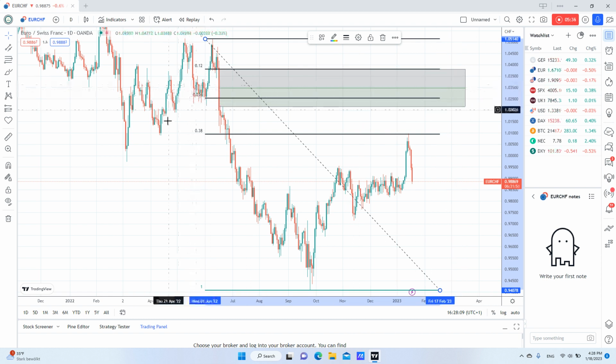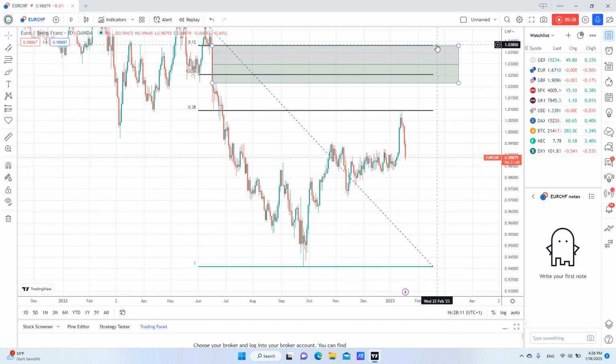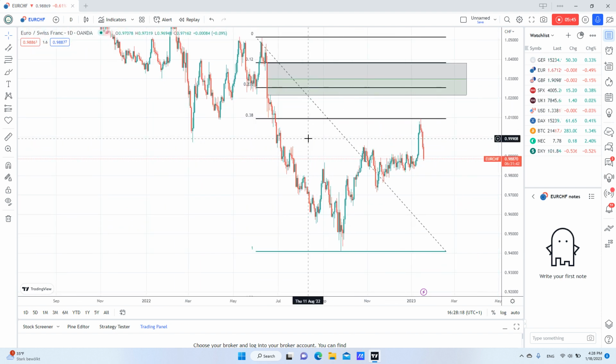Here is the 77 retracement, and here is 88. So I think we are heading this way.